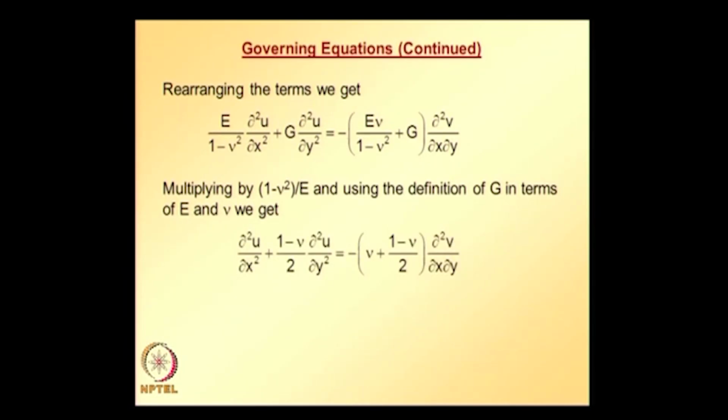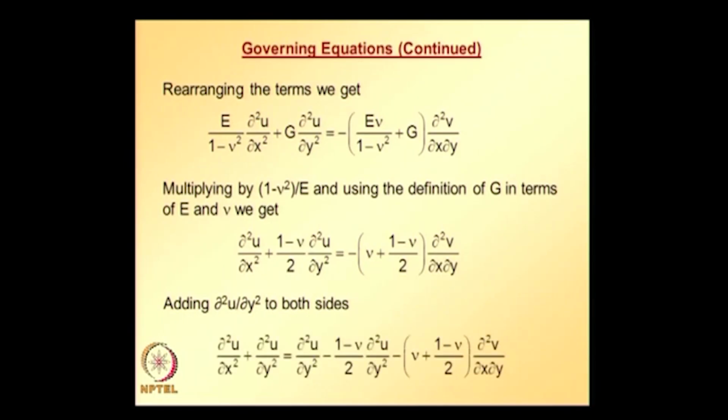When we do this manipulation, we are going to get this, and then adding the second partial derivative of u with respect to y on both sides, we get this equation.